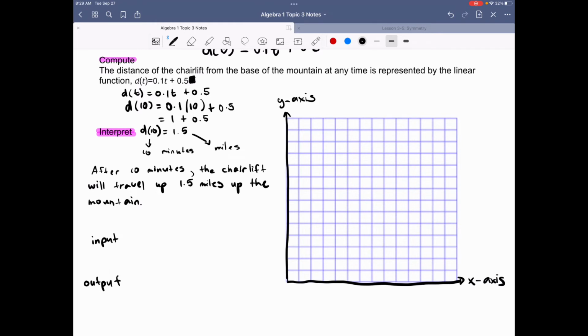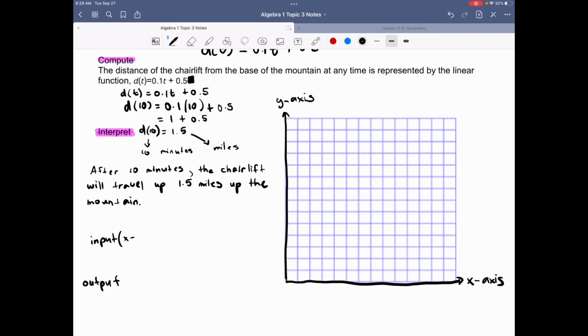So for our input, these were our x values. And in our linear function, this was t, the time traveled by the chairlift. And this was in minutes.